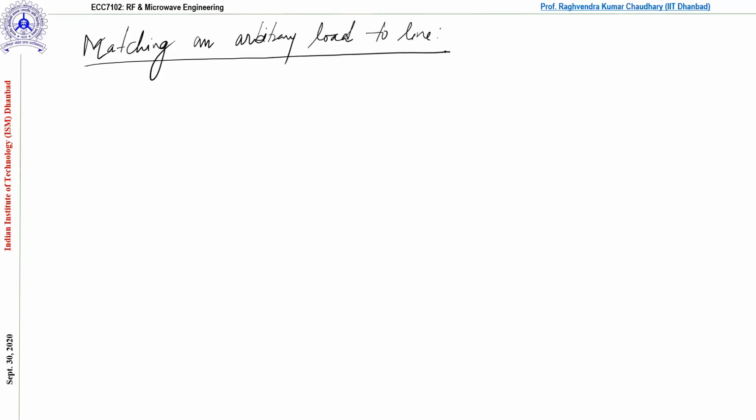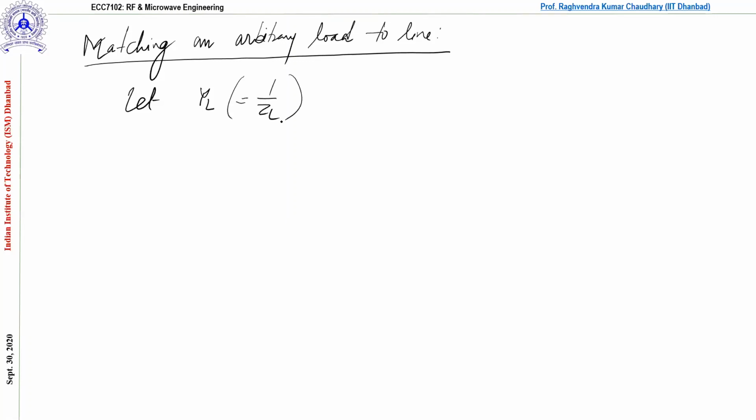Let us discuss some of the points. First, we examine how the Smith chart can be used to make admittance calculations. Here, let YL be the load admittance, which is equal to 1 upon ZL.